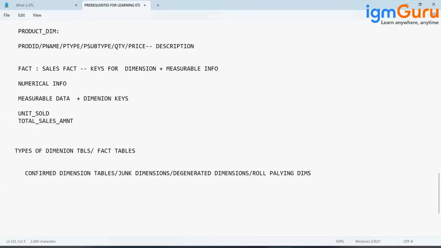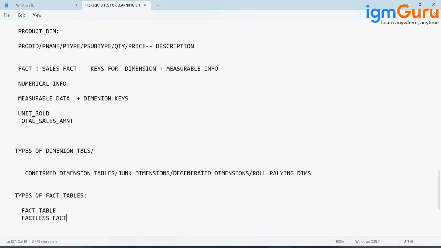And coming to the types of fact tables, I have the fact table and the factless fact table.